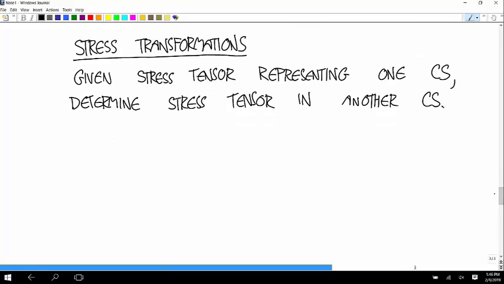You've probably seen this done with vectors before, so you're sort of familiar with this idea, this for vectors.